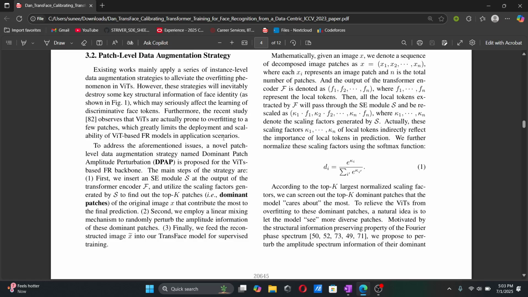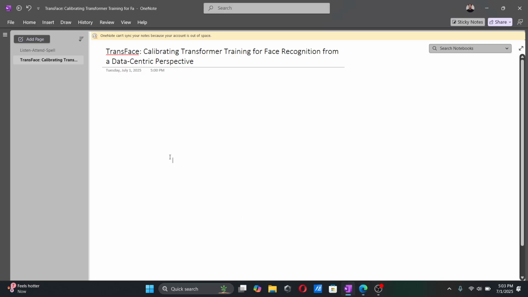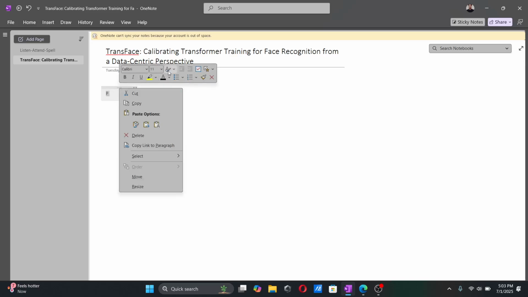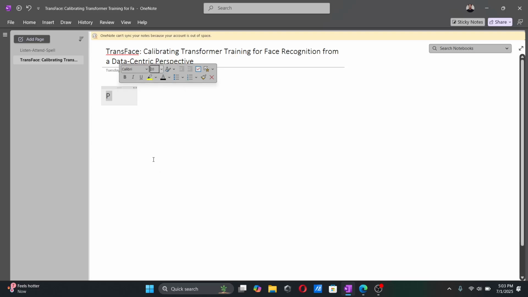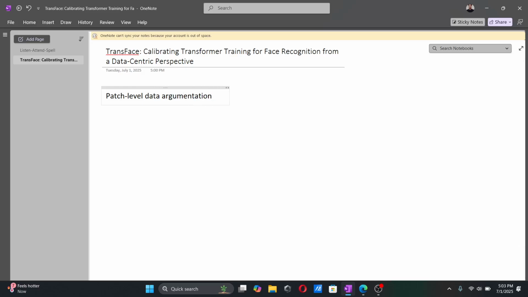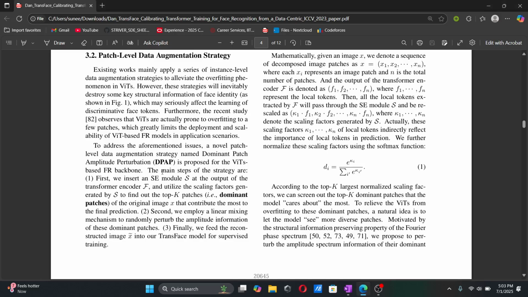Okay, let us see. Patch level augmentation. Yes, first we insert an SE module, and the output includes scaling factors.